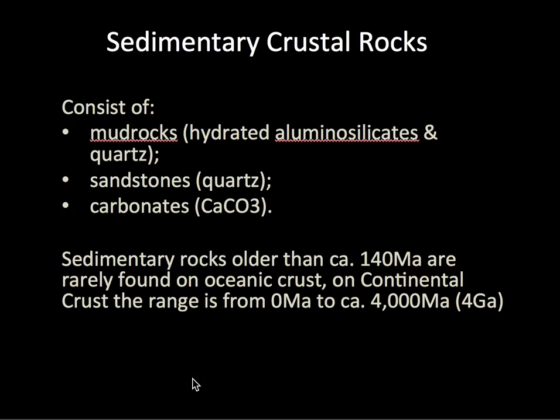Okay, sedimentary crustal rocks. Now, previously we were looking at igneous crustal rocks. Now we're looking at sedimentary. There are three categories of rock, which is igneous, sedimentary and metamorphic. Sedimentary means that they are produced at the surface of the Earth. They are generally clastic rocks.